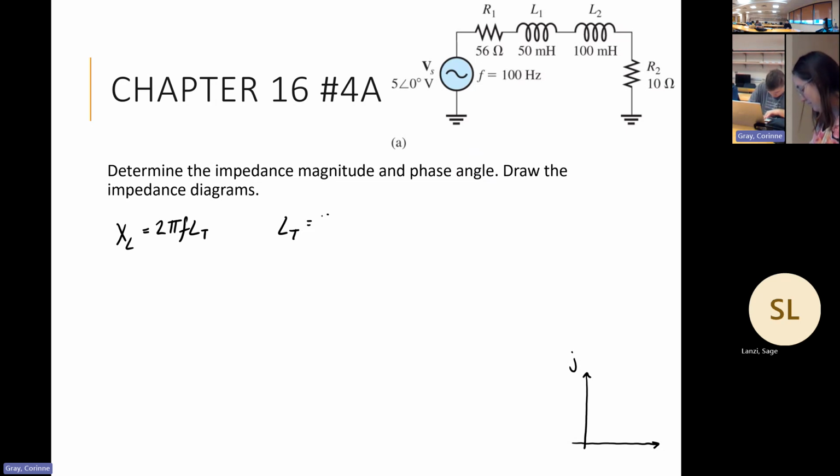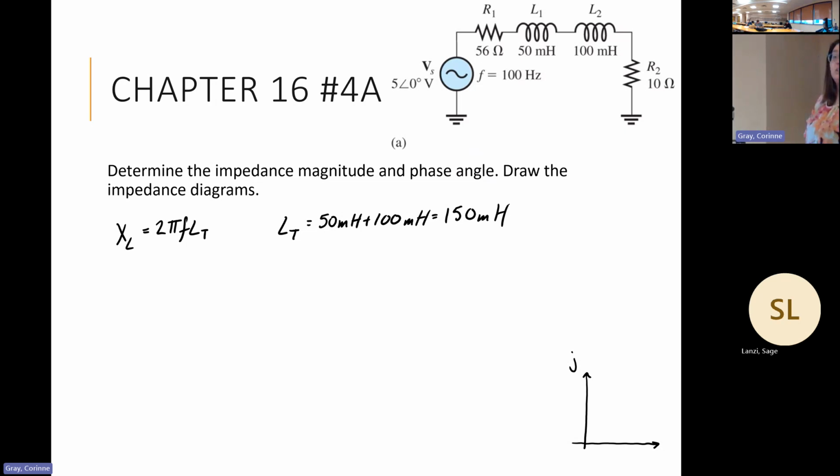So we have 50 millihenry plus 100 millihenry, so 150 millihenry. Do we need to convert it before we put it into our equation here? Technically, yes. That's converting it.